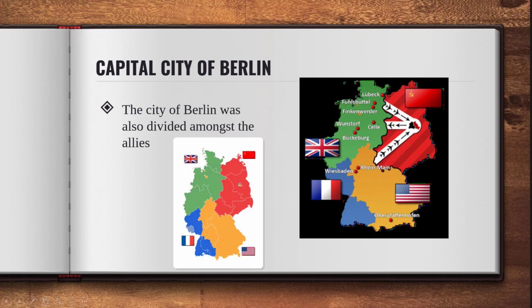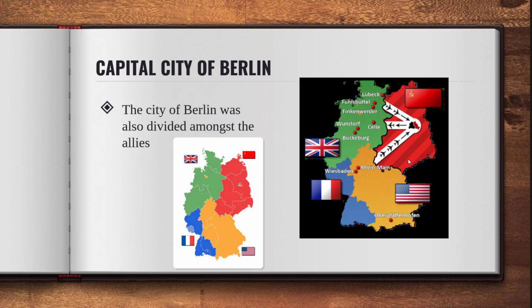So again, this map is also all of Germany. You can see the divisions, and it's the same colors as on the smaller one, but you can see this a little bit better. And what you're seeing is Berlin divided into just two parts. We're going to talk about how that happened, because it was initially divided into four parts.